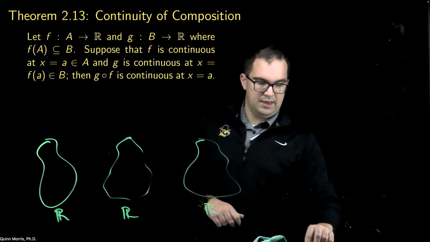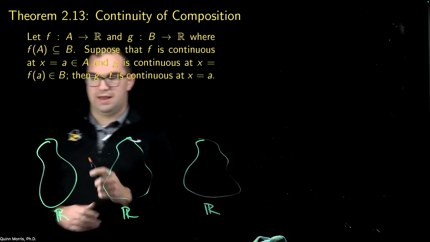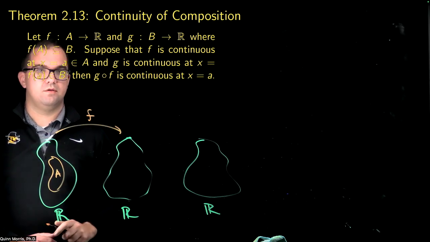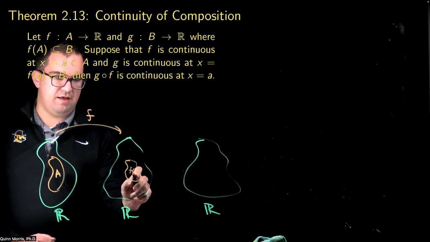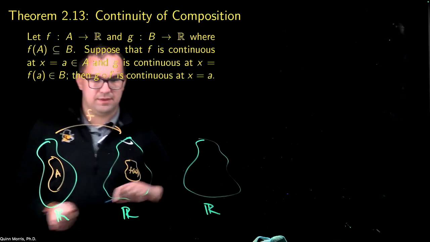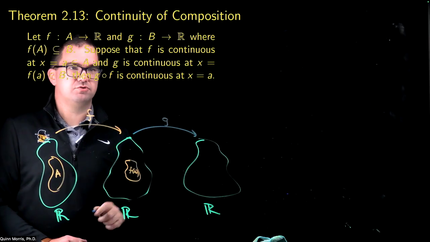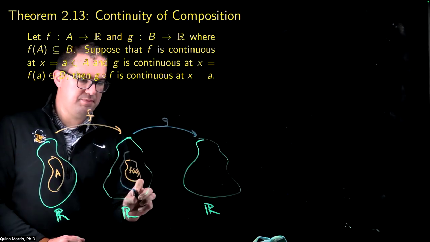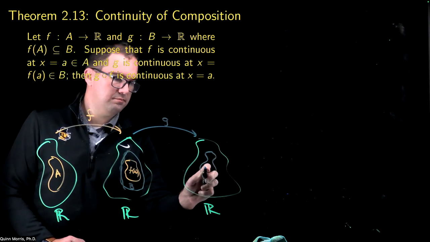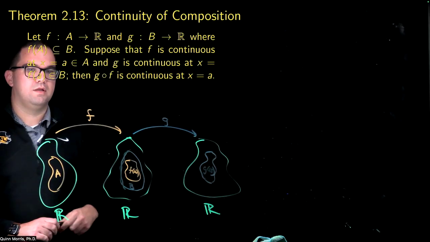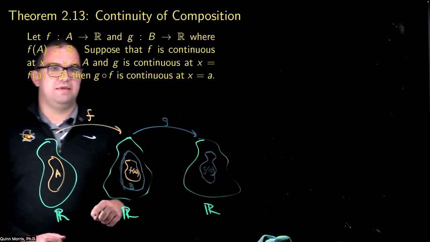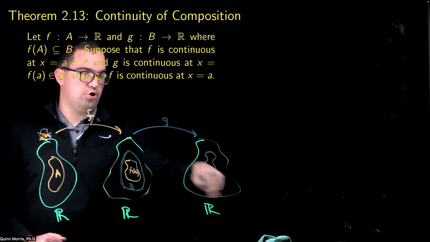I have some set A inside R, and my function f maps that over here to some set f of A. Now I also have a function g, and g maps from some set B over here to g of B. So again, I have f mapping A into R, and there's its image f of A. I have g mapping from B into R, and there's its image g of B.